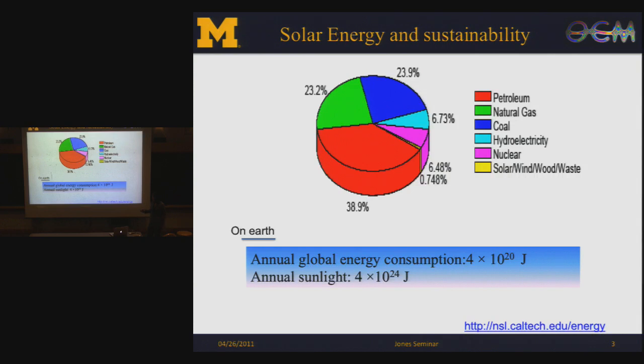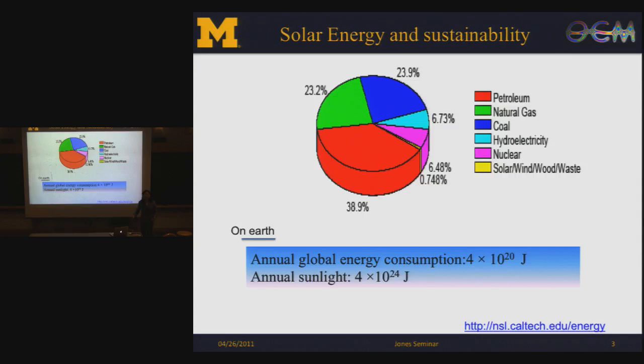It is around 10^24 joules. So in reality, we have a bunch of solar energy available for us to use, but we haven't used it. Because the global energy consumption on the Earth is 10^20 joules. So in comparison, these are two really large numbers.